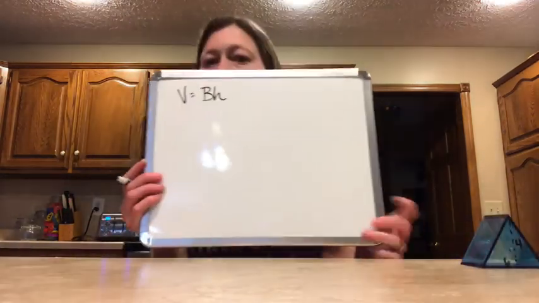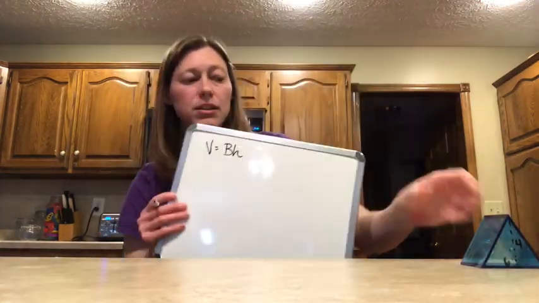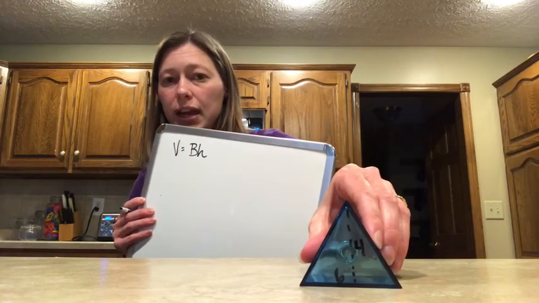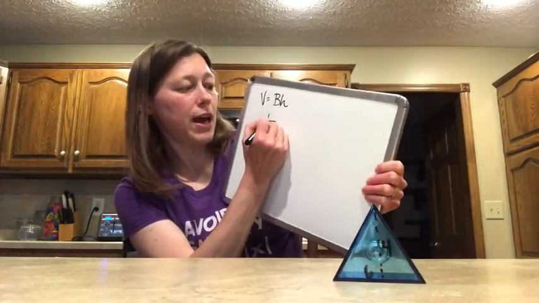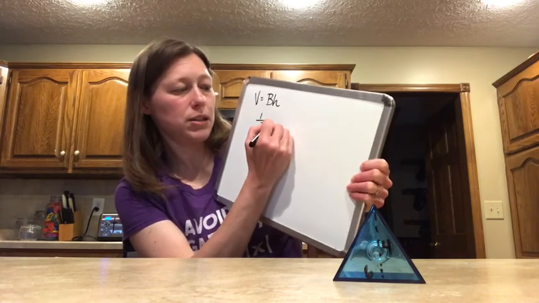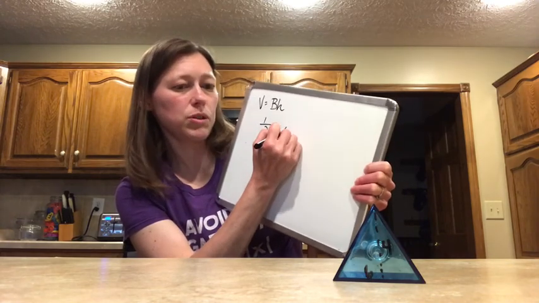I'm gonna say that this is 8. So 8 is the height of the triangular prism. We're finding the area of the base, and this base is a triangle. So it's half times base, which is 6, times height, which is 4.